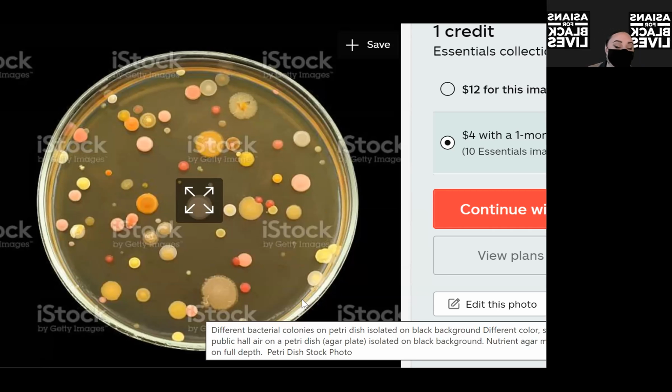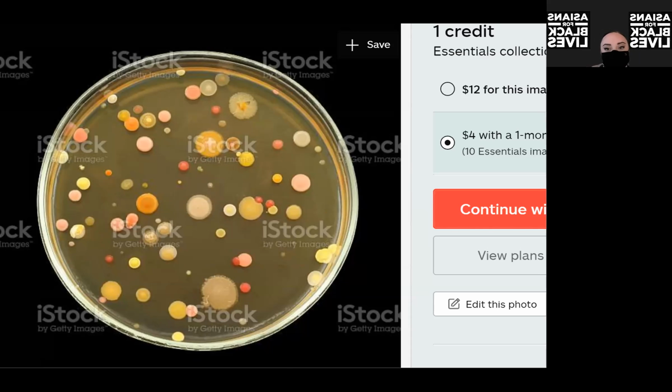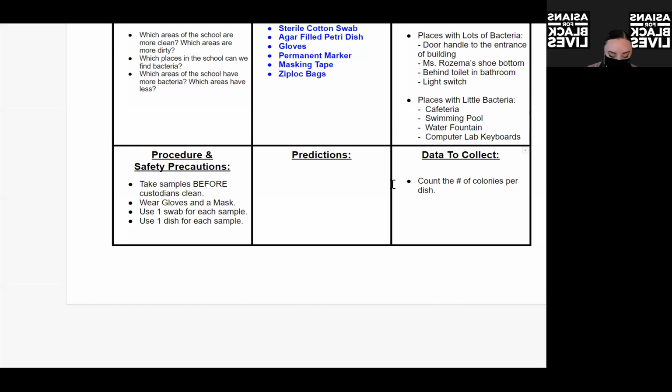So for instance, if I were to look at this plate here, I would estimate that about half or 50% of the plate is covered in colonies, and about half looks like there's open agar space where nothing is growing on it. Okay, so we could do that as well. Or we can estimate the percentage of the plate that is covered in colonies. Okay.